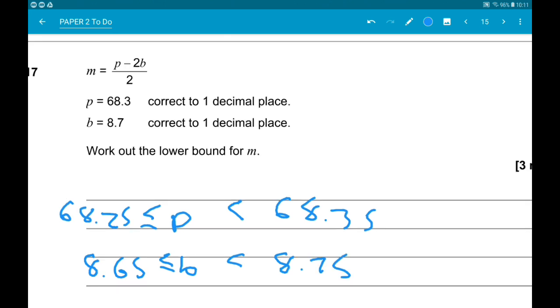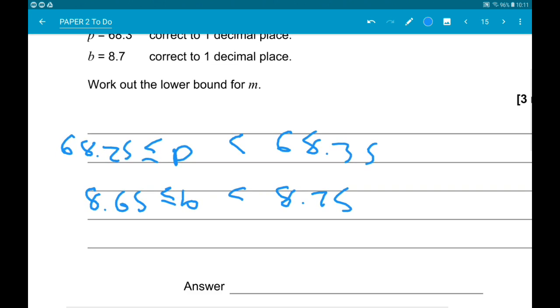So we want the lower bound of m, so let's call it m L. So we want the smallest possible number on top. So we're going to have 68.25 minus 2 lots. Now we're going to subtract the biggest amount we possibly can.